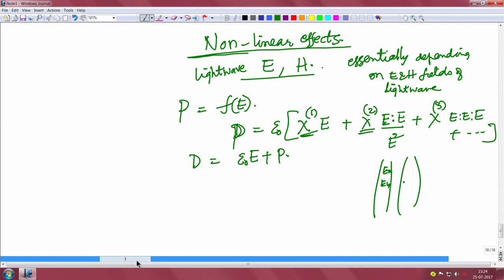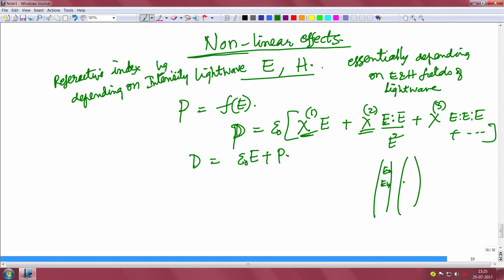So, there are several effects that we can consider, in particular refractive index dependent on the light intensity. So, delta n is a function of light intensity.